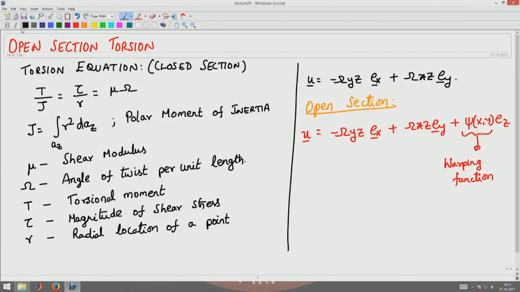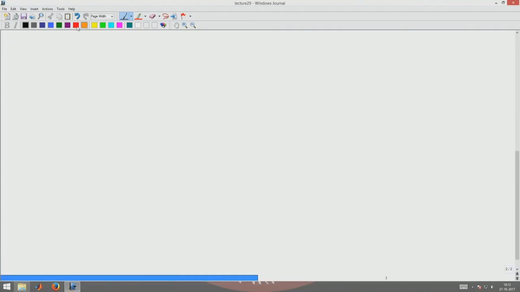In particular, we are going to look at a rectangular cross section subjected to torsion.